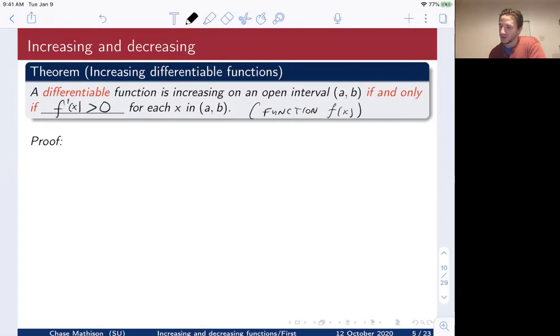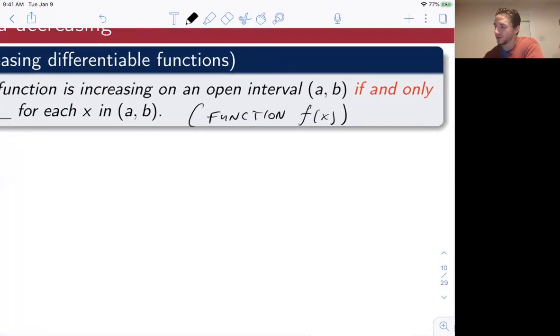So there are 2 key conditions. One, f of x is differentiable. Without differentiability, we don't have this easy check to see if f of x is increasing. And the second thing about this theorem, I say if and only if.